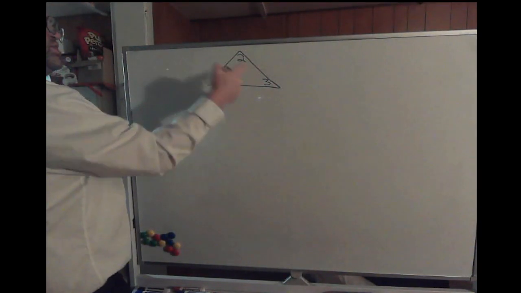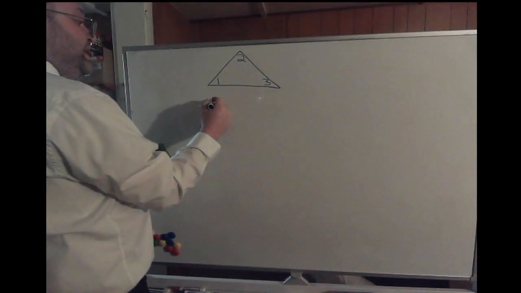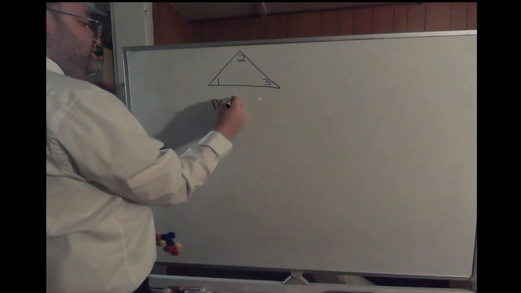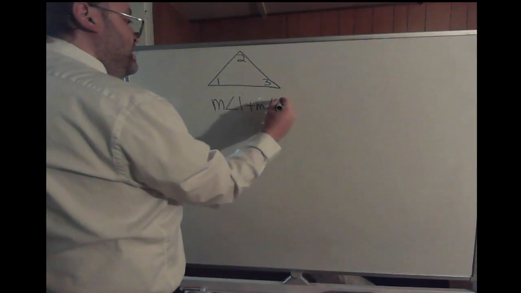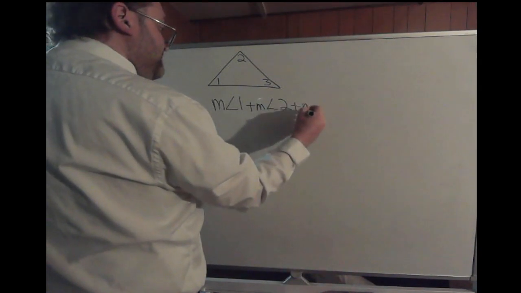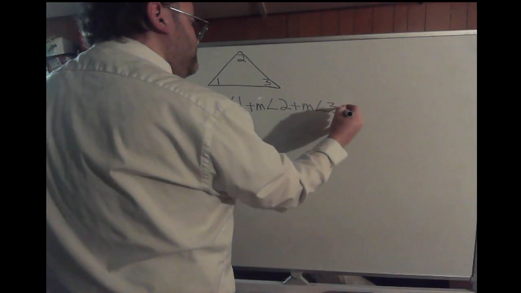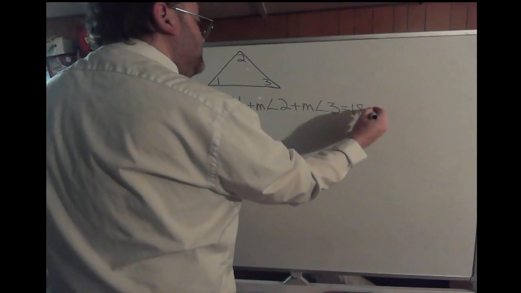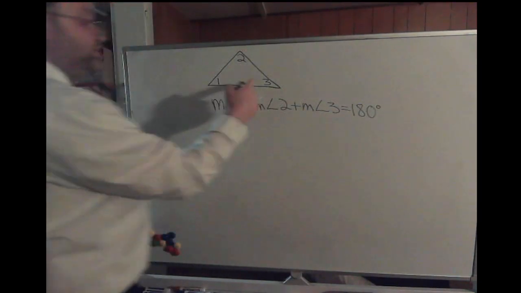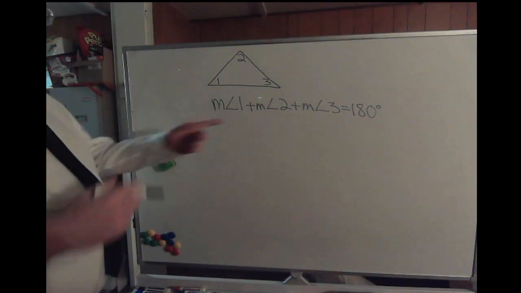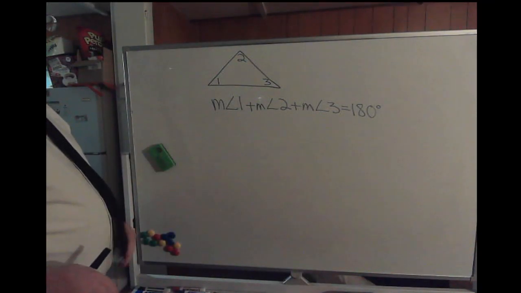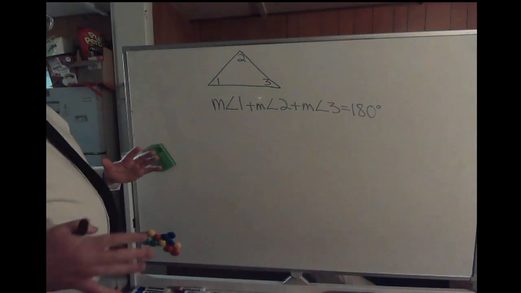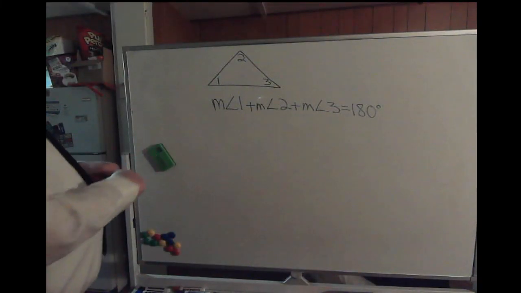In a triangle, the sum of the measures of the three angles will always add up to 180 degrees. So the sum of the three angles of a triangle will always equal 180 degrees. It won't equal anything else. If it equals anything else, you don't have a triangle. It's that simple.